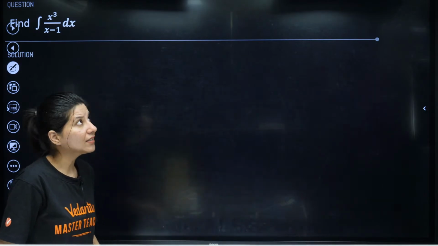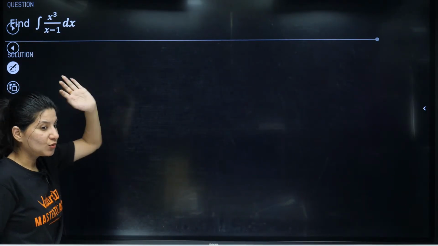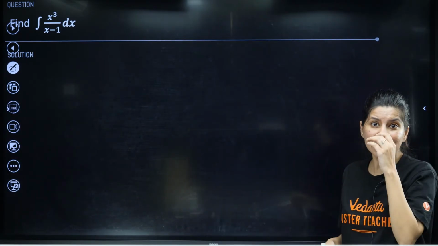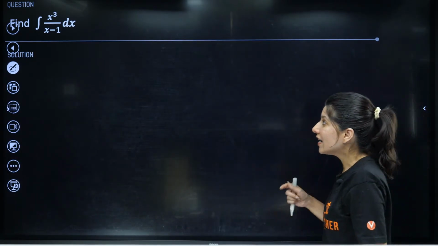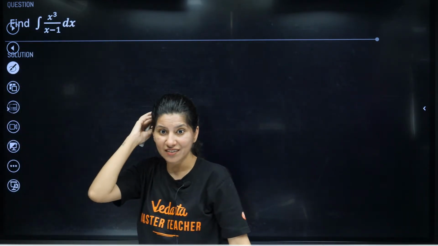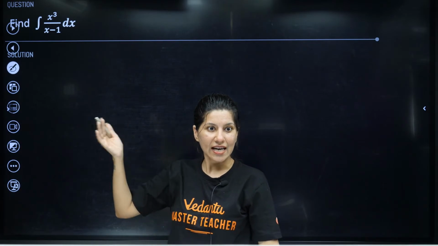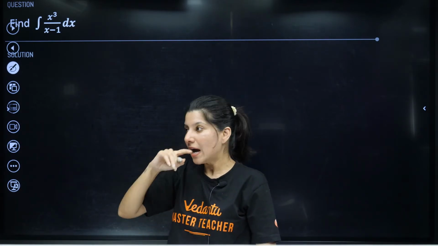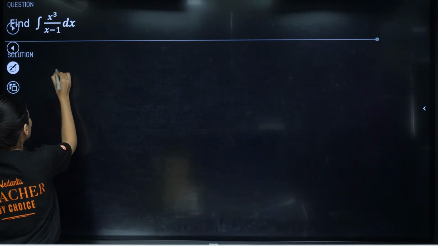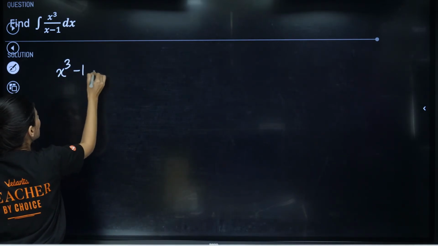Now understand one thing. x cube is fine, right? But the x minus 1 in the denominator is not fine. I want something in the numerator so that I can factorize it. So what I'm going to do is x cube minus 1 plus 1.